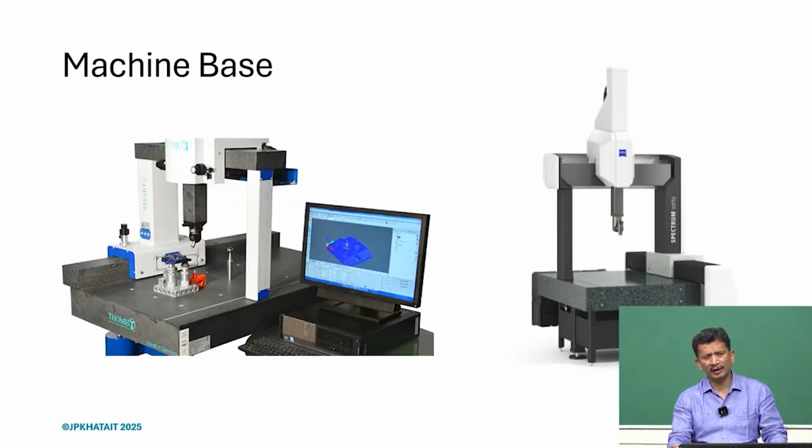So slowly what we realize from this simple example is, suppose we are looking at designing CMM machines, coordinate measuring machines. This is very important these days, and if we are working in precision, every component has to be tested, has to be measured.